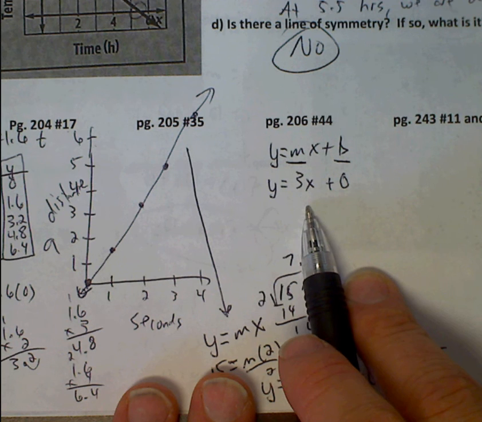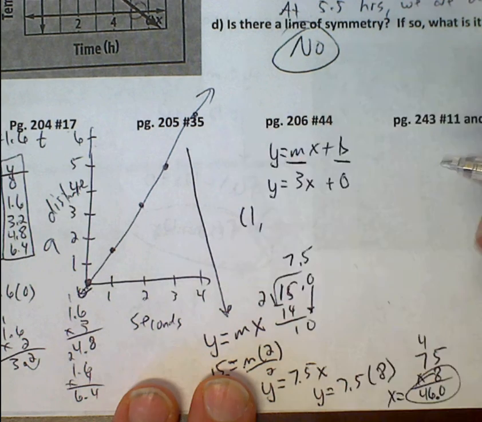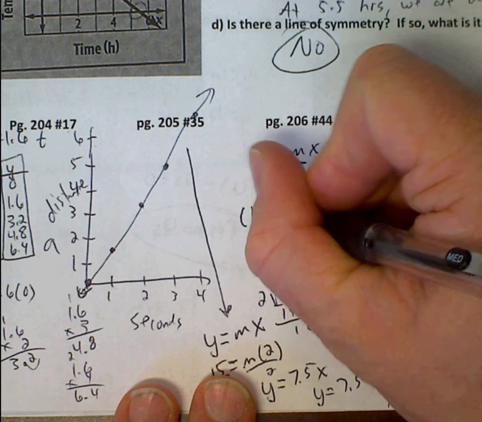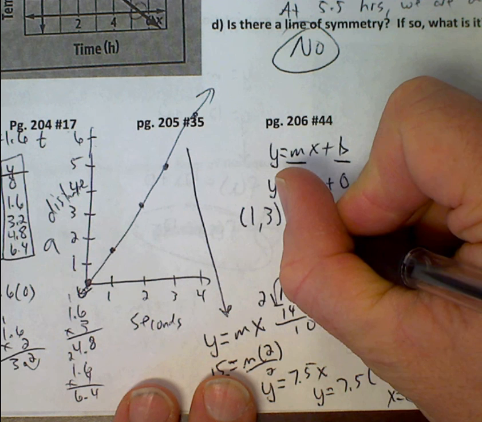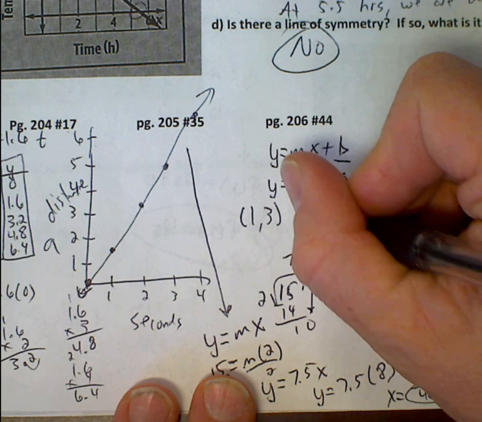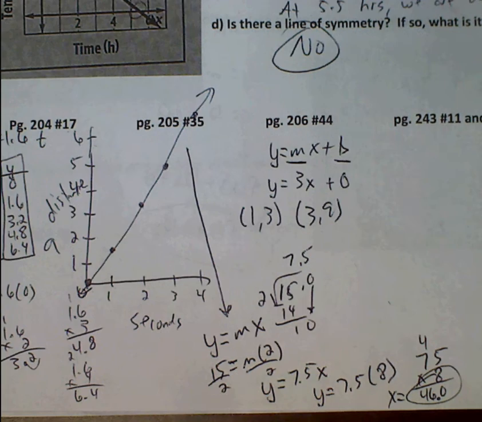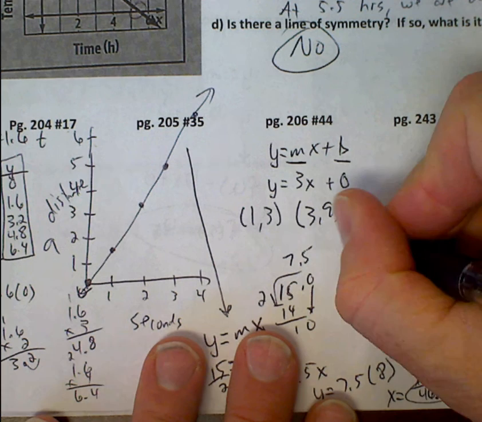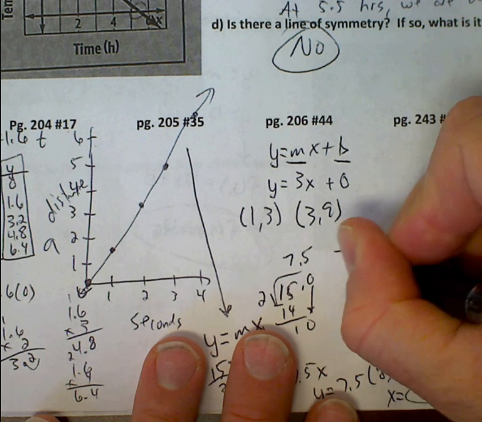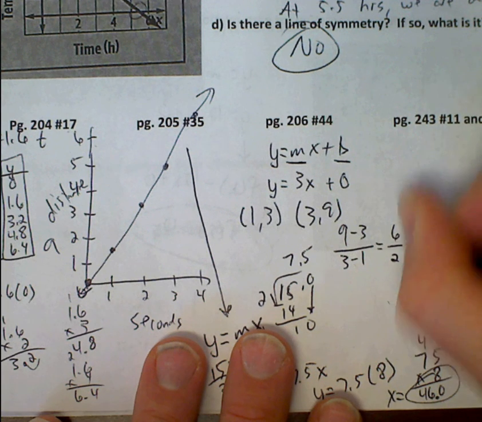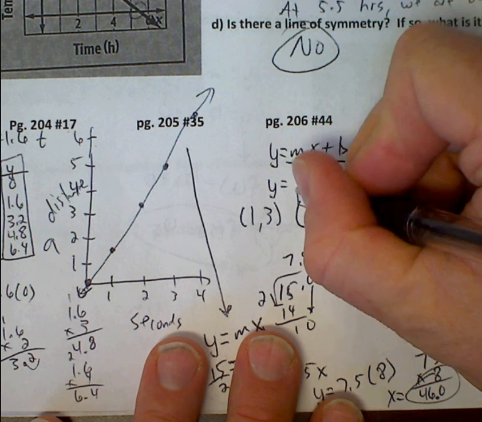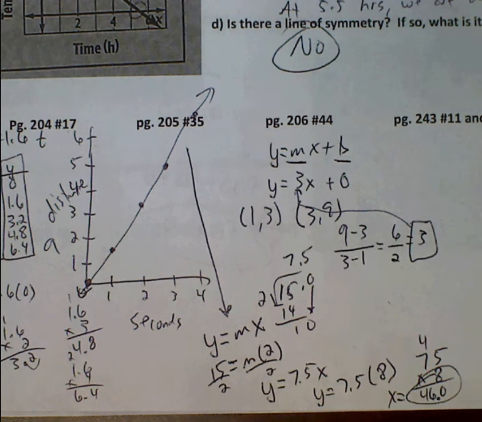Now, I could also use 2 points. I could use 1, 3, and I could use 3, 9. This is going to give me the equation as well. Find the slope, 9 minus 3 over 3 minus 1. That gives me 6 over 2, which is 3. So there's my slope. So that matches.